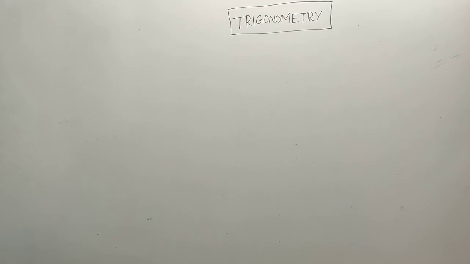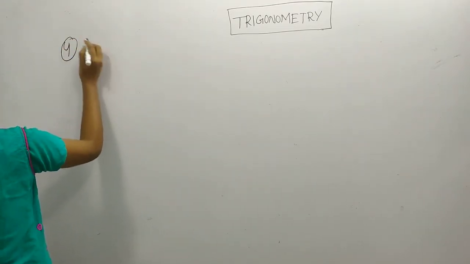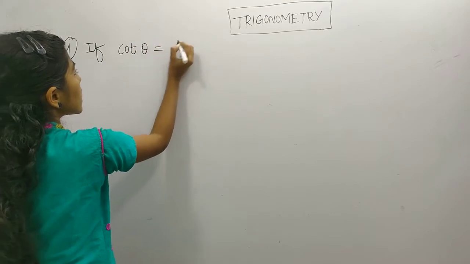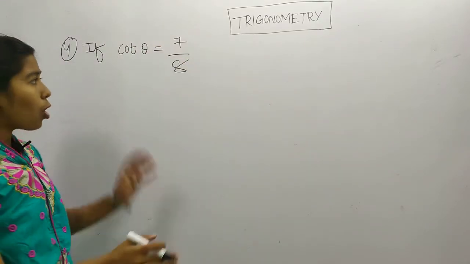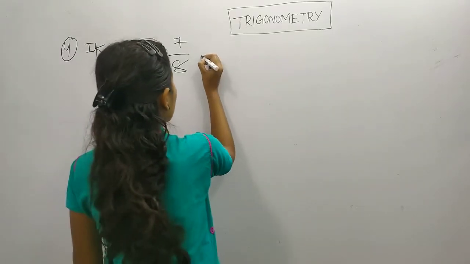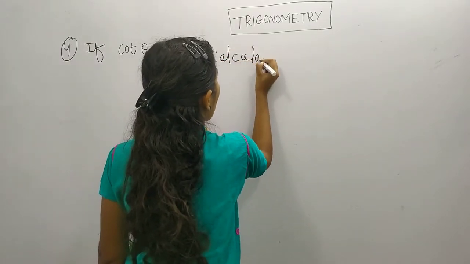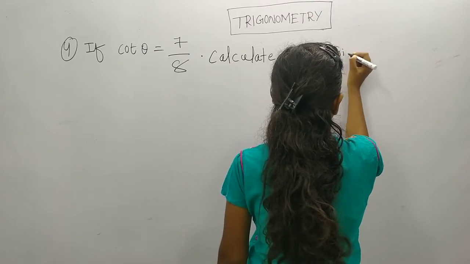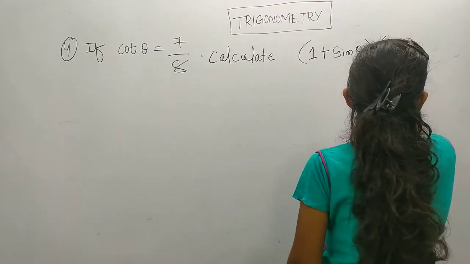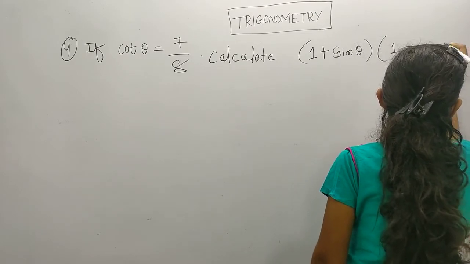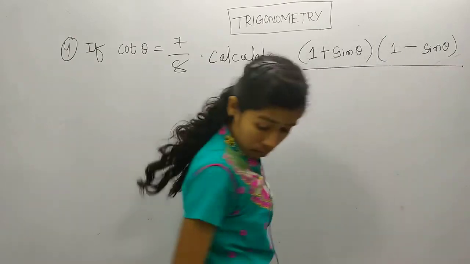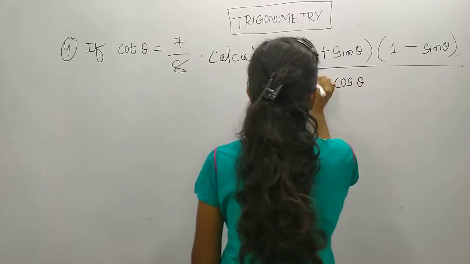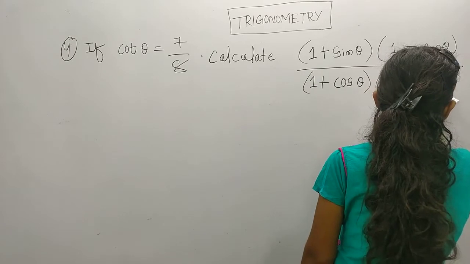See, our next question is: if cot theta equals 7 by 8, then we have to calculate (1 plus sin theta) into (1 minus sin theta) by (1 plus cos theta) into (1 minus cos theta).